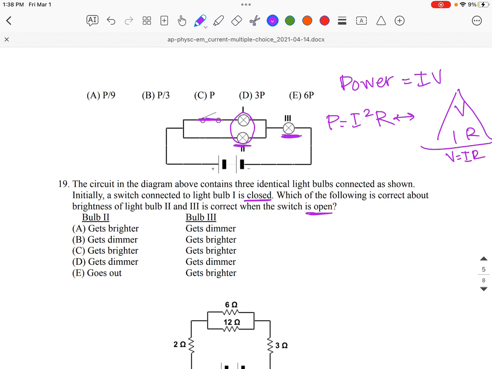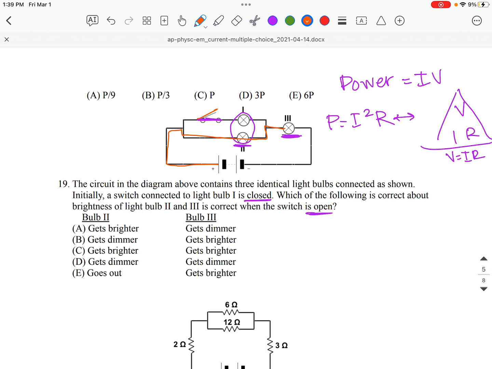That means I've got a low resistance, because resistors in parallel actually decrease the resistance versus even one resistor in series. So when I open my circuit, the current is going to travel through the closed path, and now it becomes series.